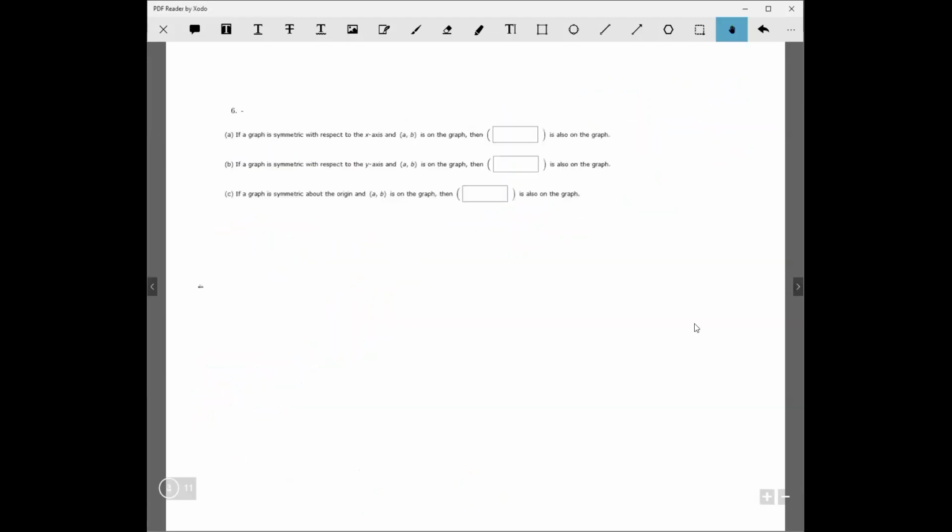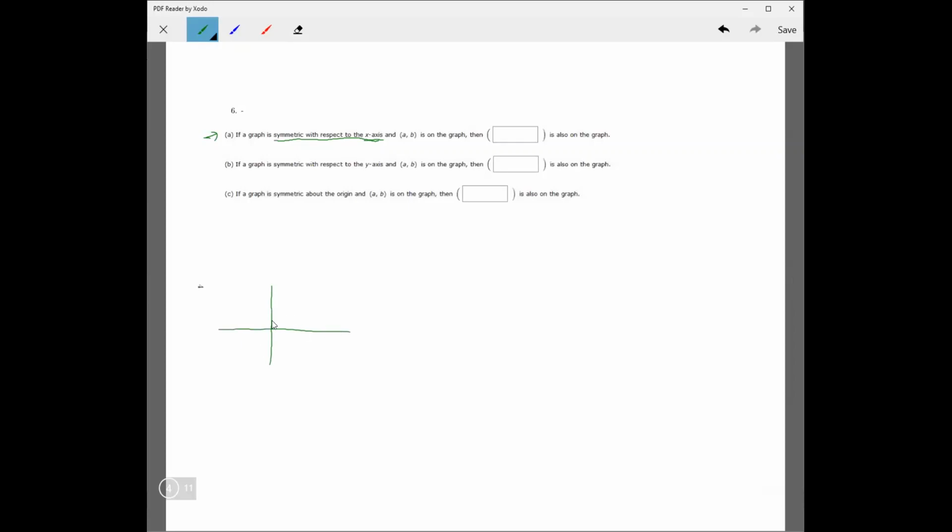Okay, so let's go to number 6. We're talking about symmetry. Let's look at symmetry with respect to the x-axis. I'm going to give you an example of something that's symmetric with respect to the x-axis, maybe a parabola that opens up like that.